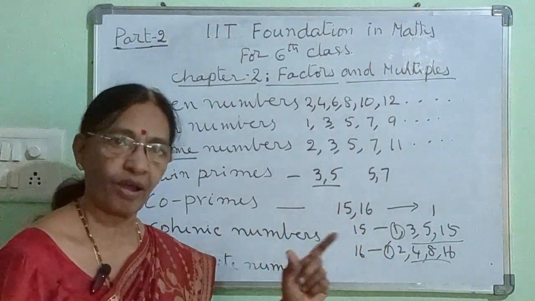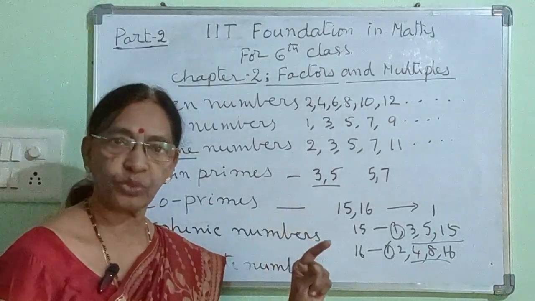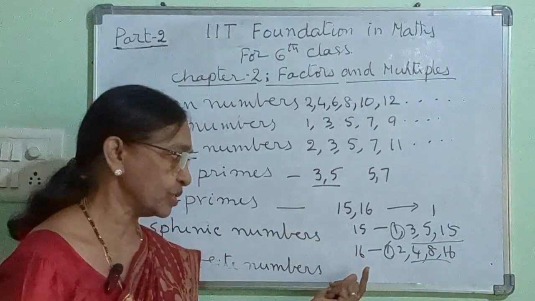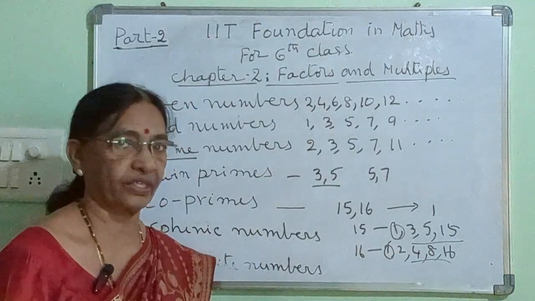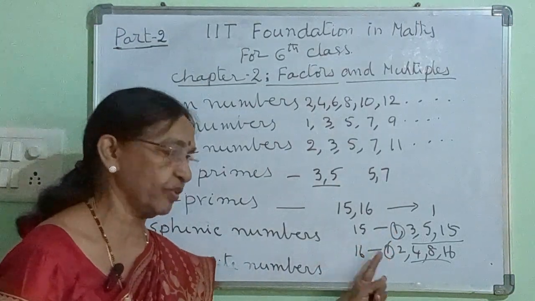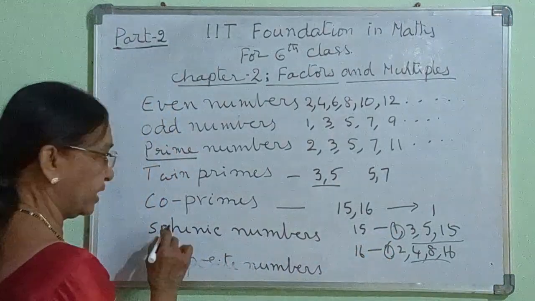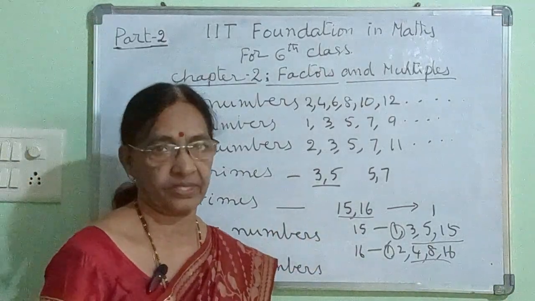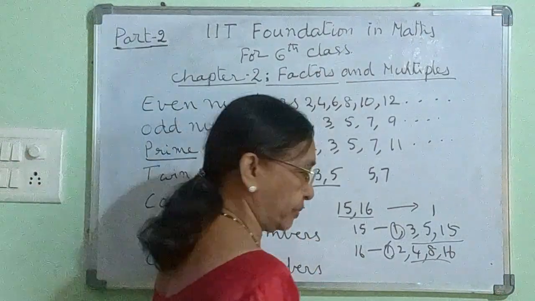So co-primes are not prime numbers. They are two successive natural numbers which have only 1 as a common factor. Example 15 and 16. You can find many such pairs in natural numbers.